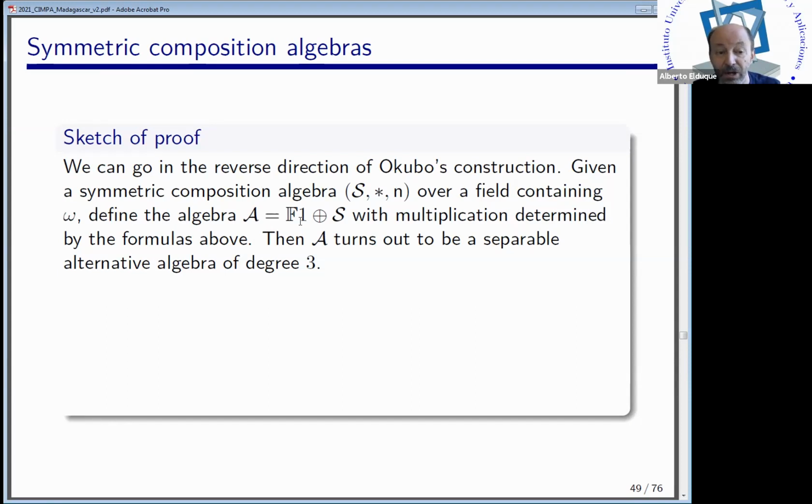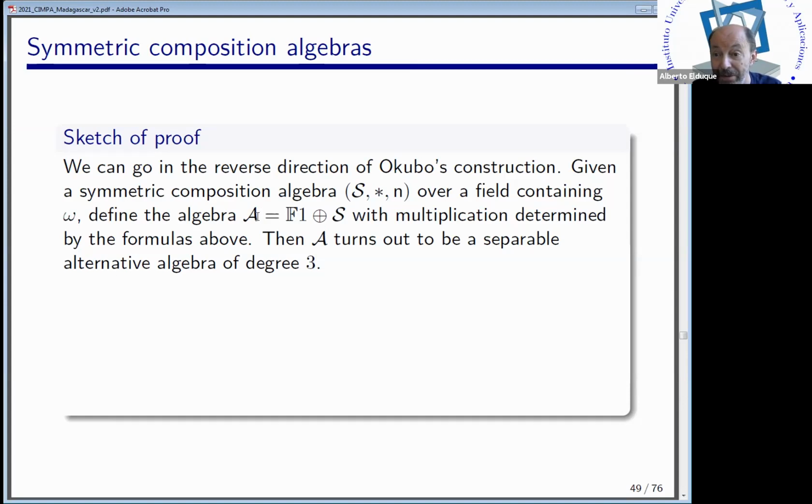So we get dimension 9. And then remember that the matrix multiplication can be recovered from the Okubo multiplication. Well, now we can use the same formulas to define a product in A. And now it's relatively straightforward to check that the multiplication that one gets in A makes A a separable alternative algebra of degree 3. It may fail to be associative.